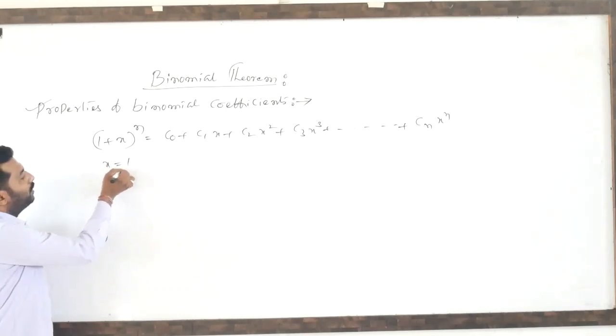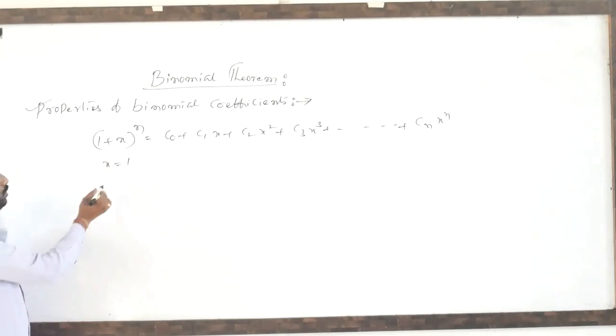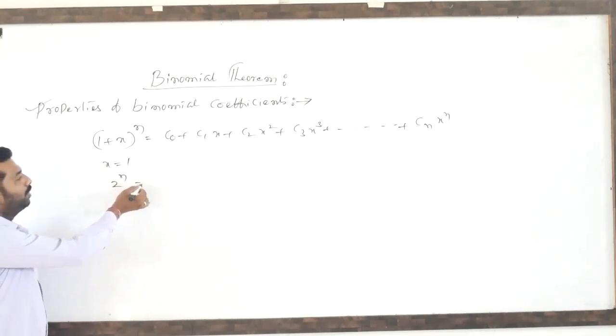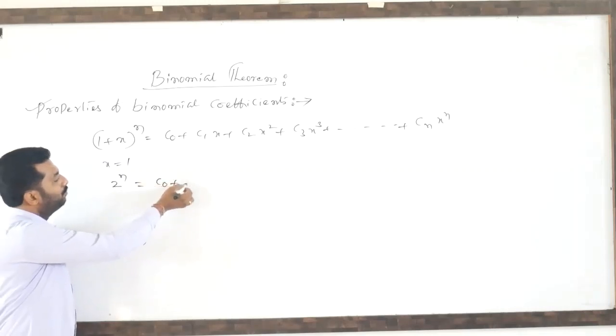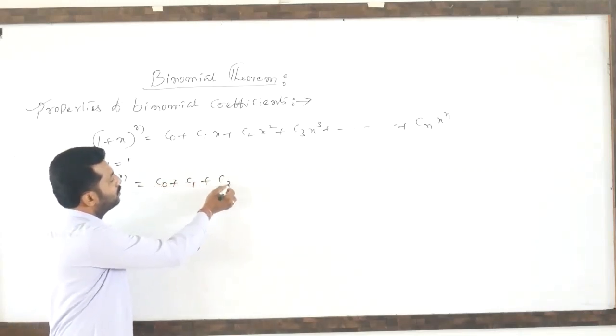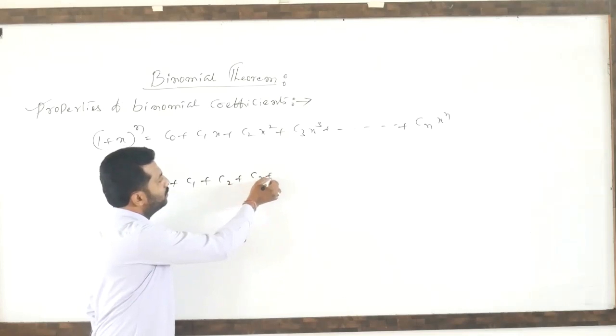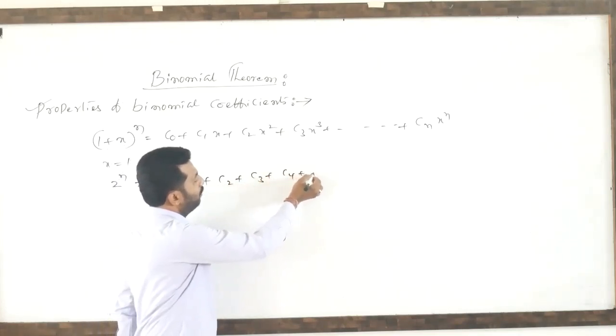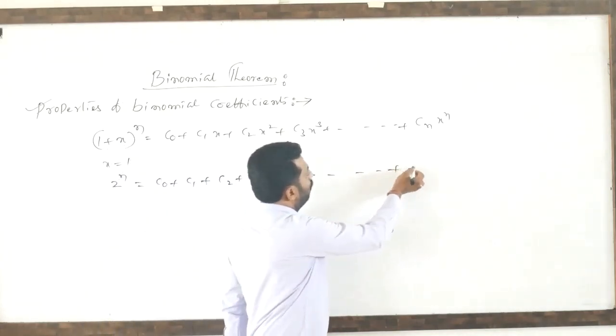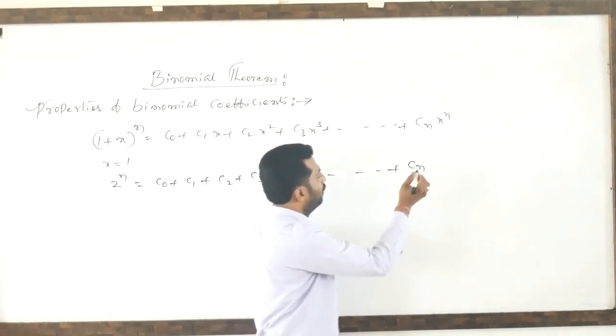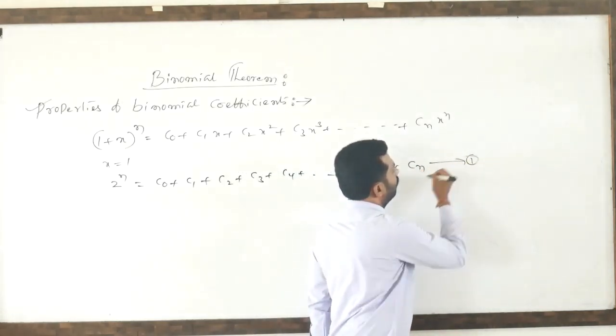Suppose putting x equal to 1, what will we get? 2 to the power n equals c0 plus c1 plus c2 plus c3 plus c4 plus and so on plus cn. Let it be equation 1.